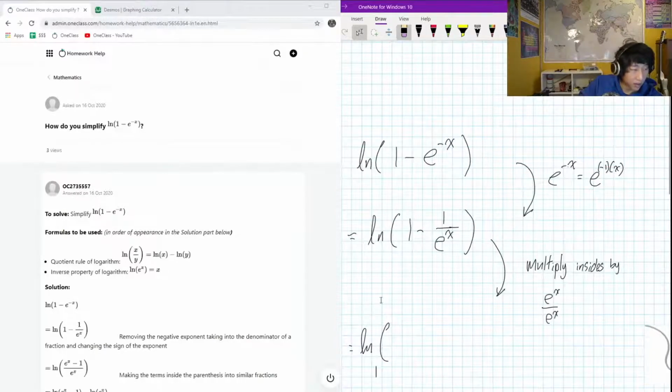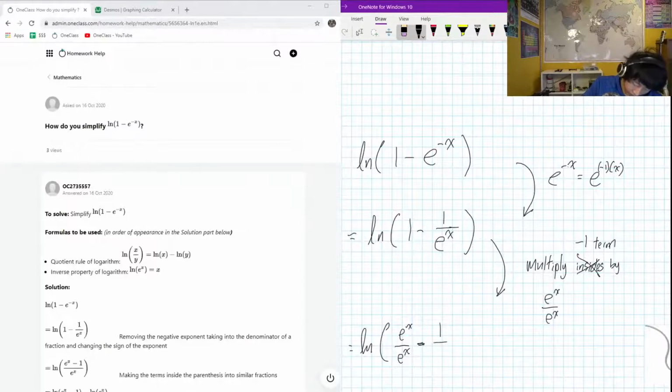The next step here is we want to multiply not all the insides, just the negative 1 term, by e to the x over e to the x. Hopefully you can see that the left term right there is still going to be equal to 1, which is nice and cool.